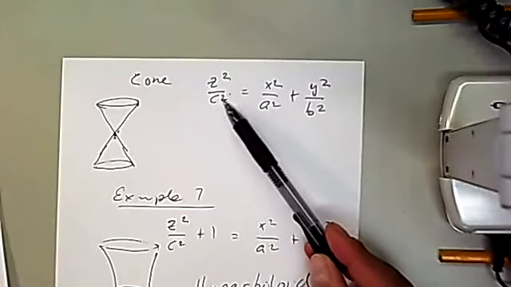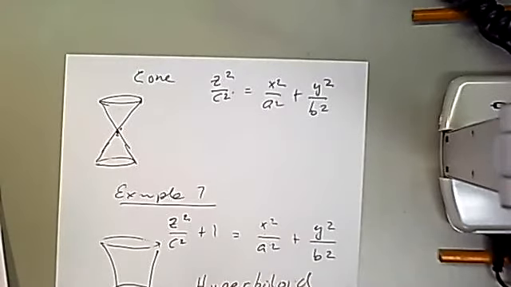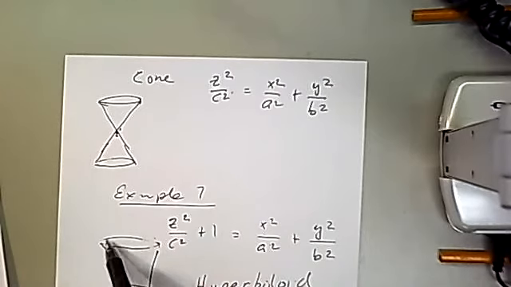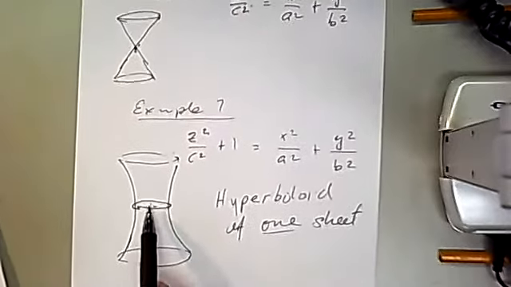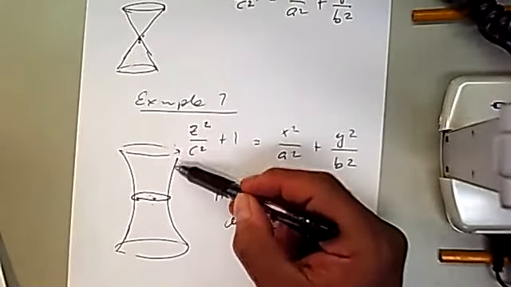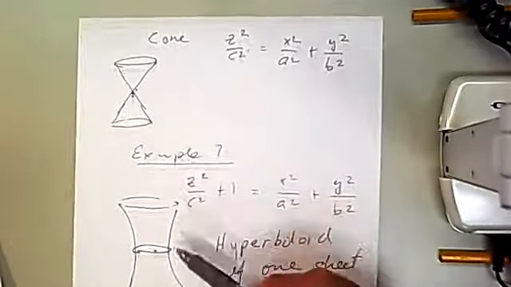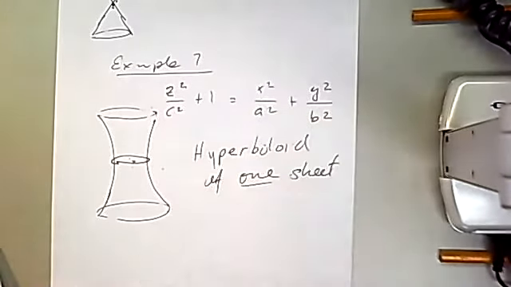It comes from a cone where the radii increase. It's not one radius because those are not circles, these are ellipses. So they're ovals. But nonetheless, their size increases at the waist, and not only that, that also deforms this shape. Instead of being straight as a cone, the side of this hyperboloid curves.